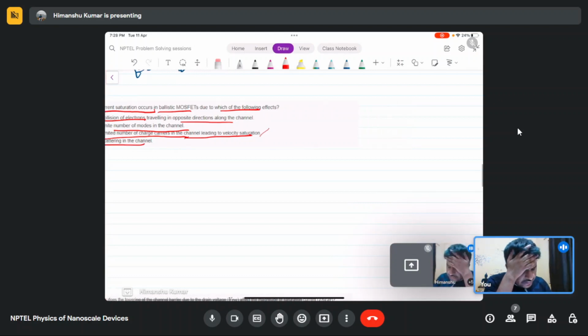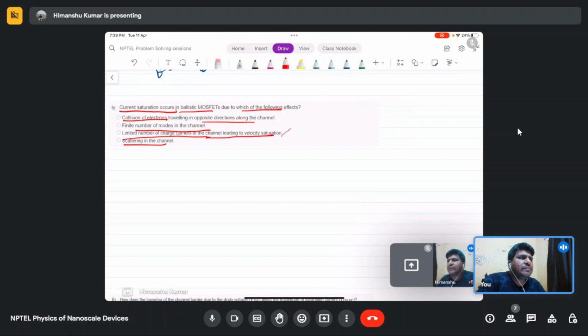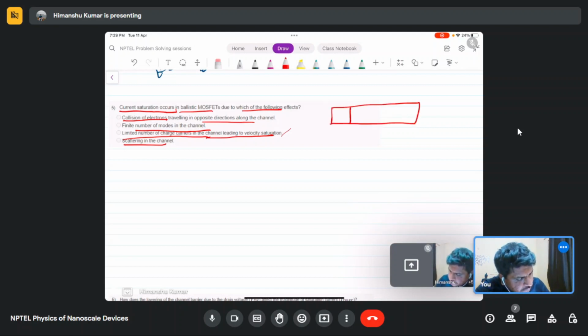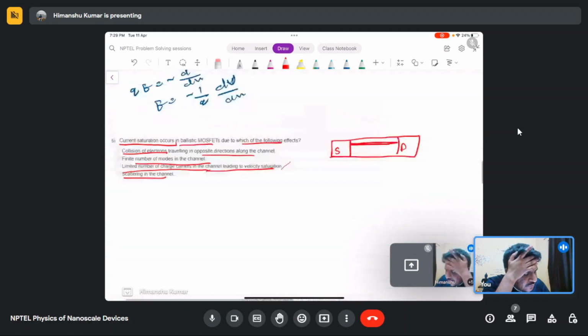When we were discussing the ballistic MOSFET, we were saying that in the channel region, suppose I draw this is source, this is drain, this is channel, we were saying that for a ballistic MOSFET, within the channel region scattering does not take place.